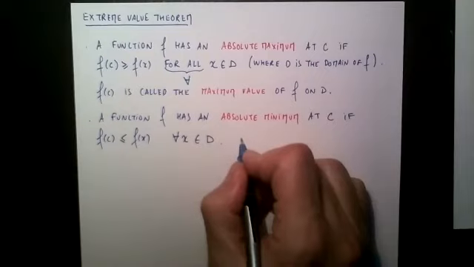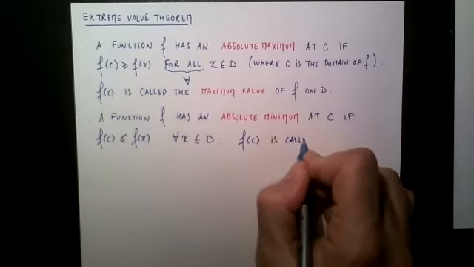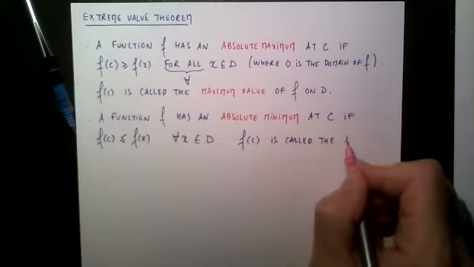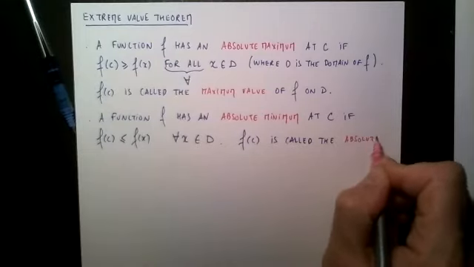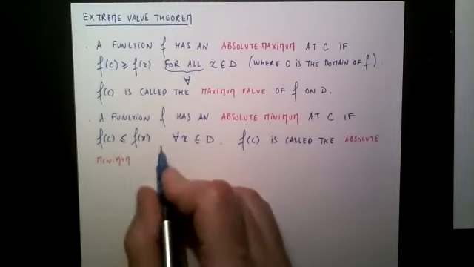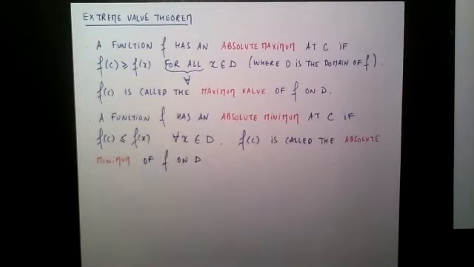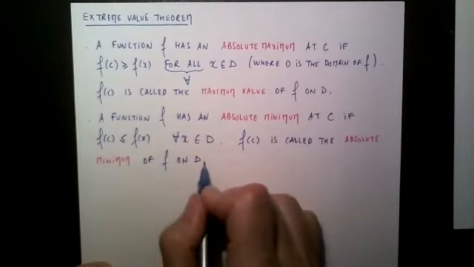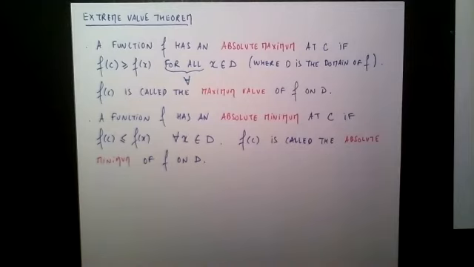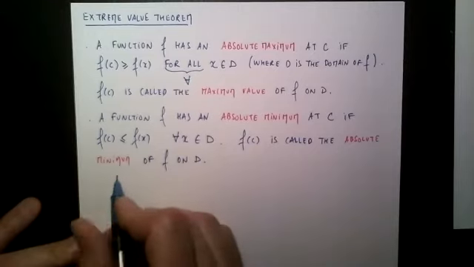And f of c is called the absolute minimum of f on D. Okay, good. All right, last definition for now.